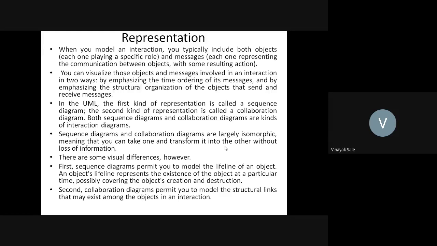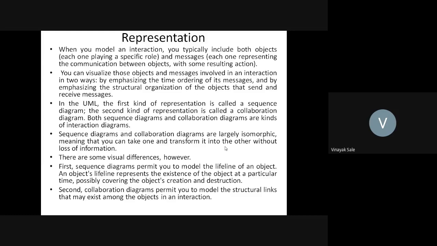In UML, the first kind of representation is called a sequence diagram and the second kind is called a collaboration diagram. Both are kinds of interaction diagrams. Sequence diagrams and collaboration diagrams are largely isomorphic, meaning that you can take one and transform it to the other without loss of information. There are some visual differences, however.